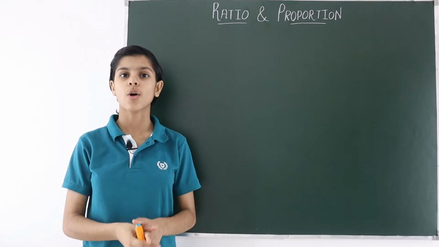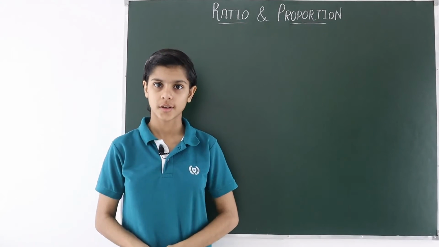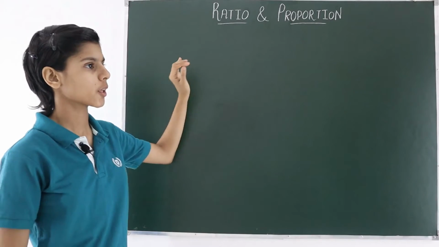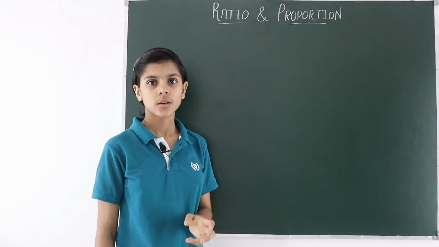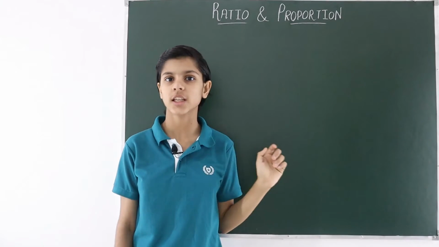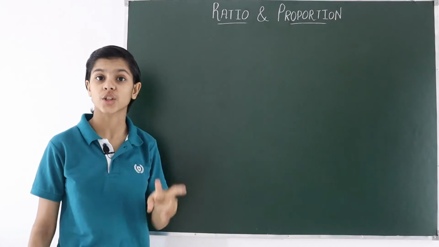So friends, now our next topic in this chapter is proportion. Proportion is also very important, like ratio. Now what is proportion? Ratio is the comparison of two quantities of the same units, so proportion is the comparison of two ratios.